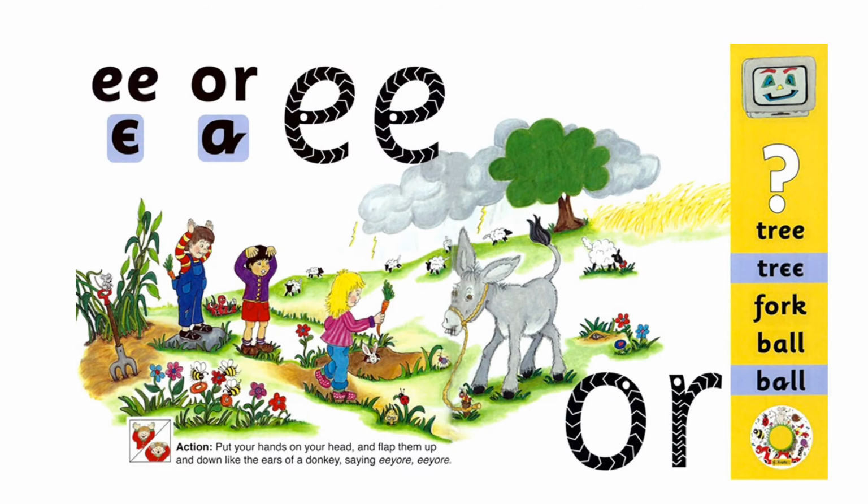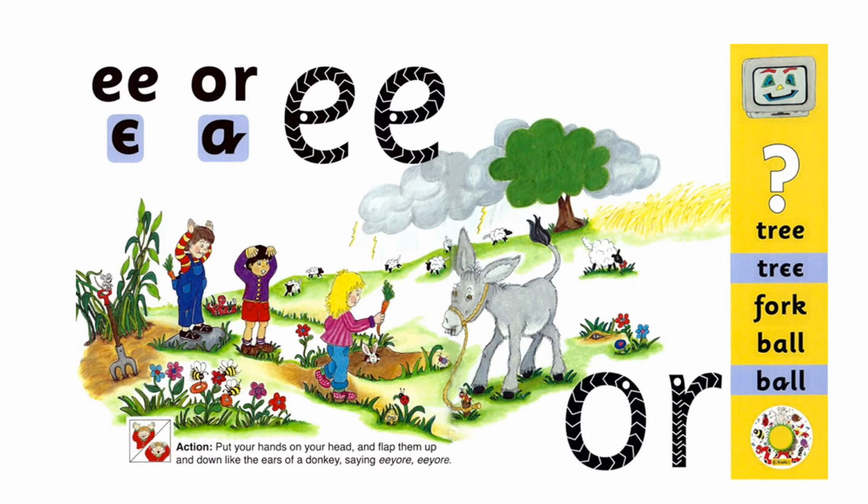And here we have our donkey story again. Now, last time with our other lesson, we looked at our E sound when your hands were up next to your ears. Now today, we are going to fold our hands or our fingers down to pretend that the donkey is putting his ears down.